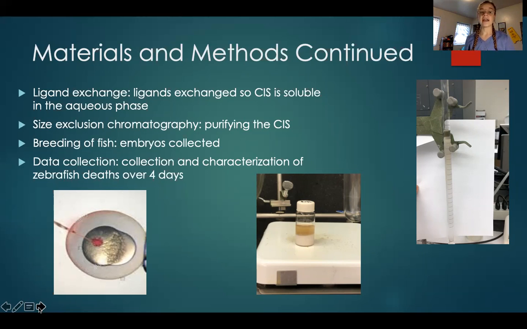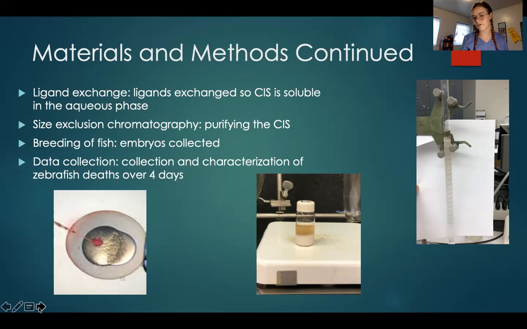Then after that, I do size exclusion chromatography, which is basically a tool where I put these newly ligand exchanged nanocrystals in order to flush out any other organics that could kill the fish that wouldn't be the nanocrystals. You can see that in the very far right picture.